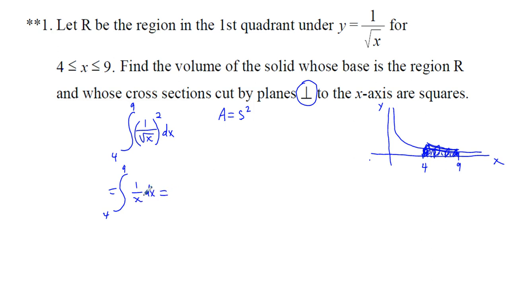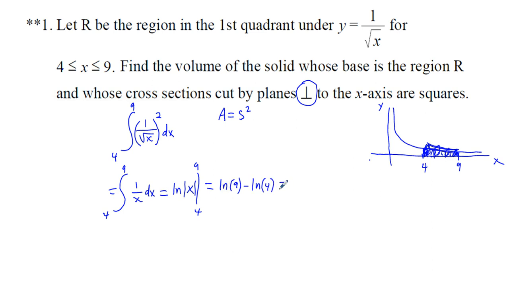Well, the integral of 1 over x dx is the natural logarithm of the absolute value of x, and we're going to evaluate between 4 and 9. Working to the right, we get the natural logarithm of the absolute value of 9, which is just 9, minus the natural logarithm of the absolute value of 4, which is 4.